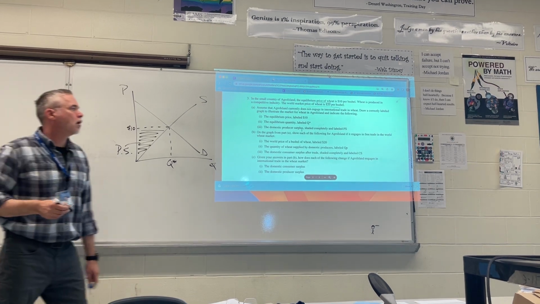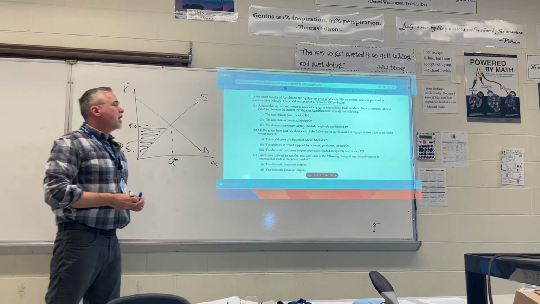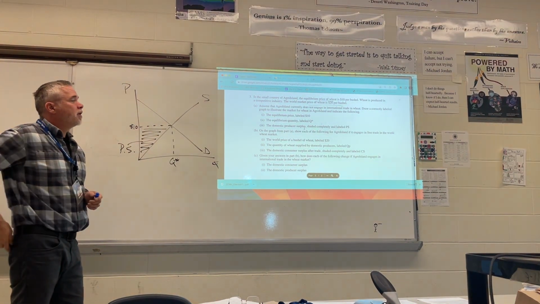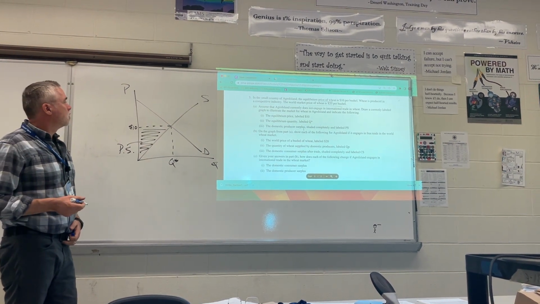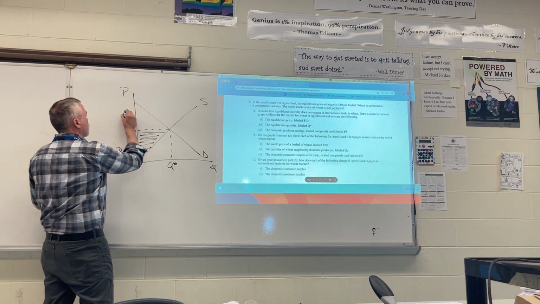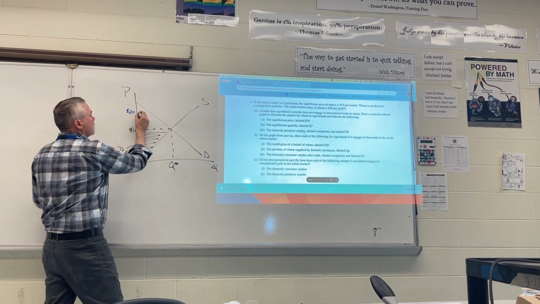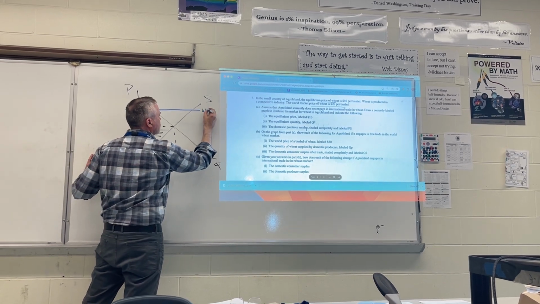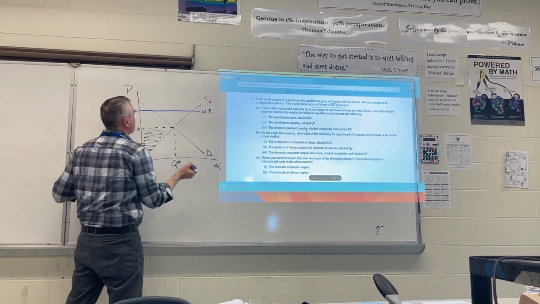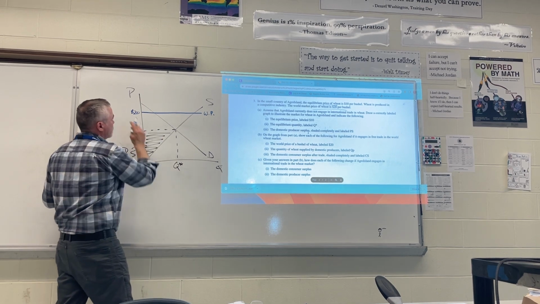Now the second part, it's saying if they engage in free trade in the world wheat market, what happens to this graph? So let's go ahead and put the world trade price in. Bring that right across. World price, $20. So you labeled that.